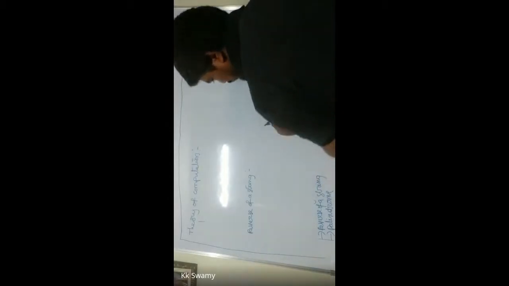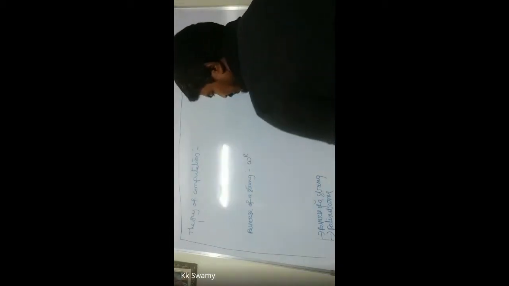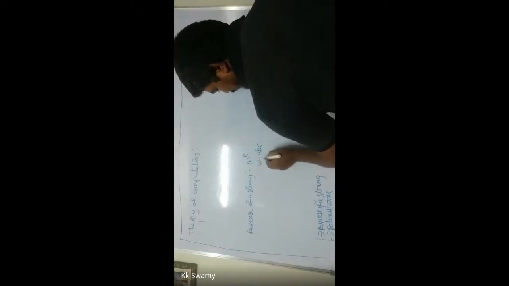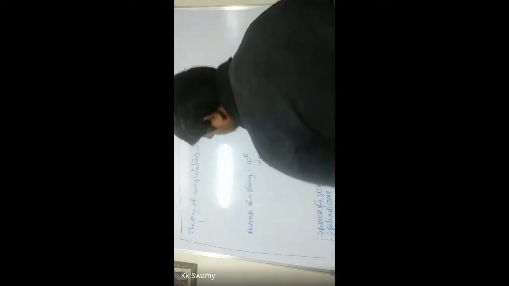The string is W. How to represent the reverse? W power R. The reverse of a string is represented by W power R. Okay, if W equals ABC, then the reverse of W is CBA. The reverse means if you write a string in reverse order, that is called the reverse of a string.